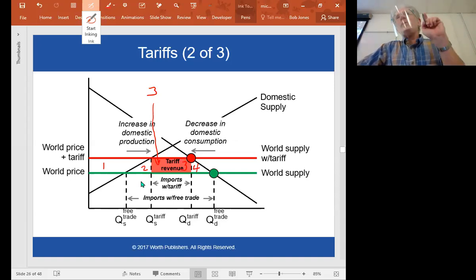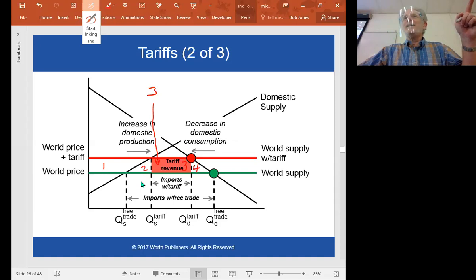So, what is consumer surplus? It's the area where? It's going to be above the price line. Where is consumer surplus? Always. Go ahead.